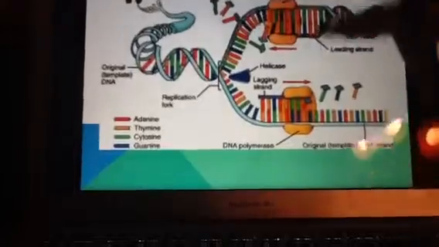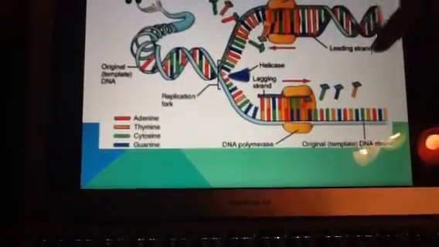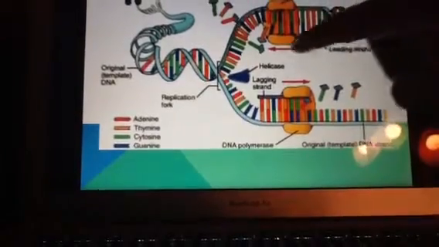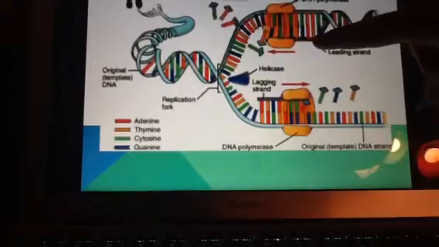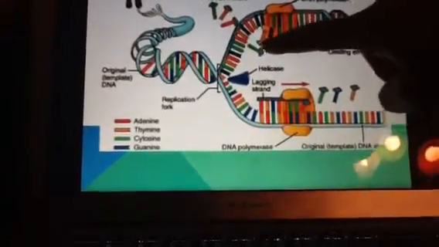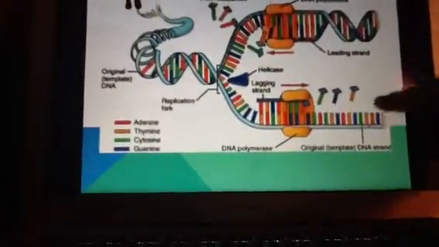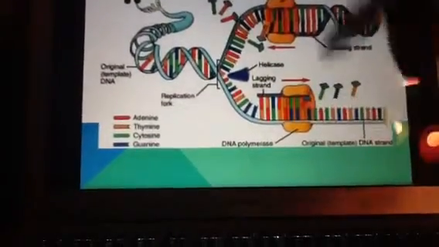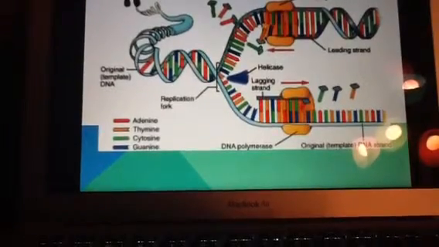So they all separate, and then the polymerase comes along and it repairs them up. So here you can see that these are adding right here, going this way, and then going this way. They're adding the other pairs so that it makes it a complete set of DNA. Yeah, that's basically how that works.